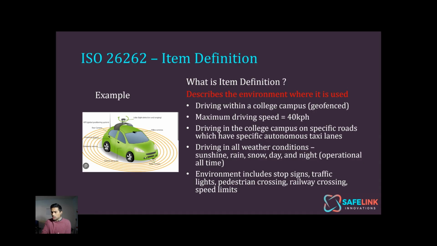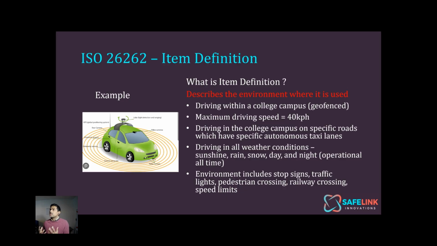It won't go onto other roads where normal cars drive. We're expecting that it will drive in all weather conditions. And we also assume that the environment includes stop signs, traffic lights, pedestrian crossings, railway crossings, speed limits, etc. This is just giving an idea of what the definition should contain.